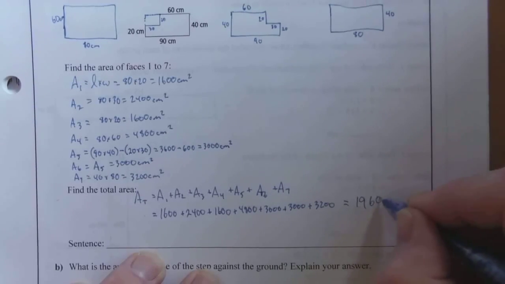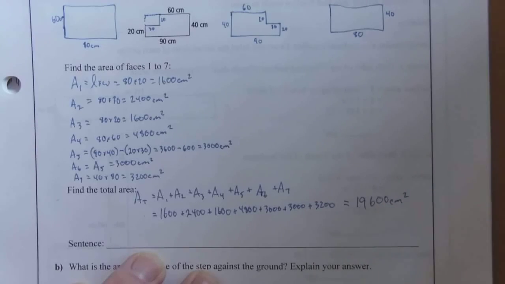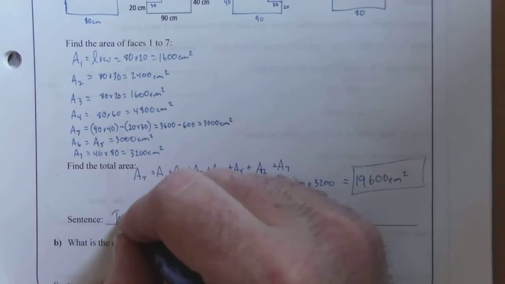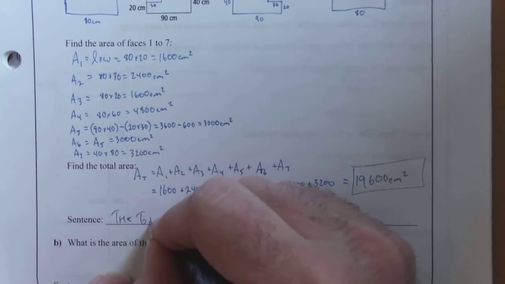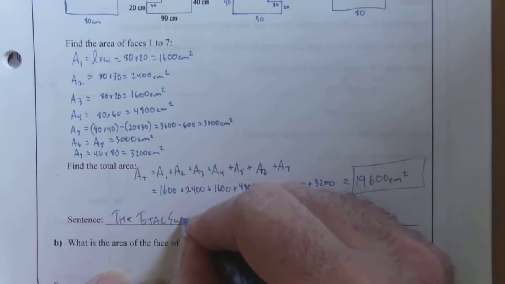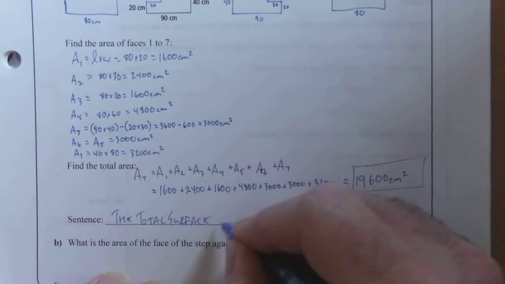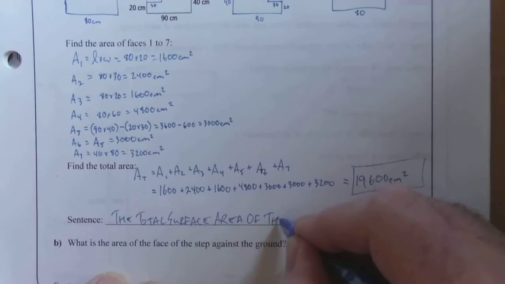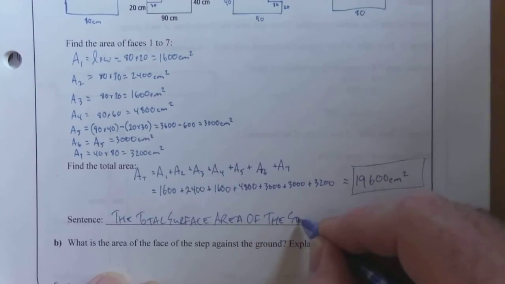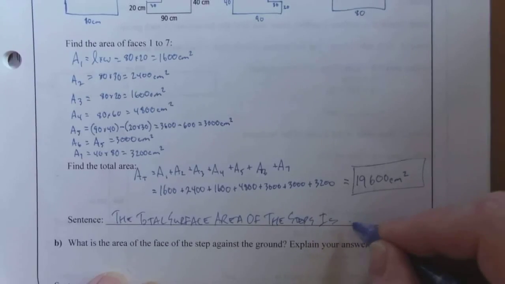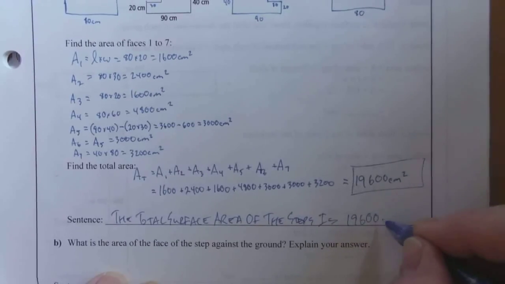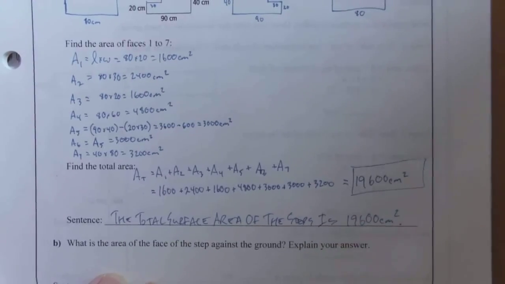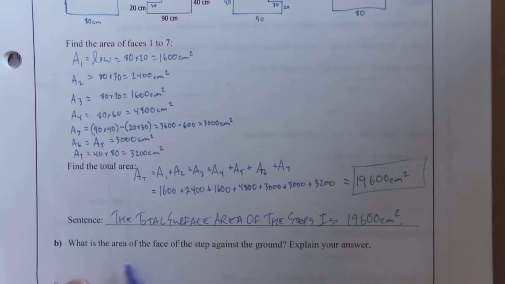And if you total those up, you should have an answer of 19,600 centimeters squared. That's what you should end up with. So the total surface area of the steps is 19,600 centimeters squared.